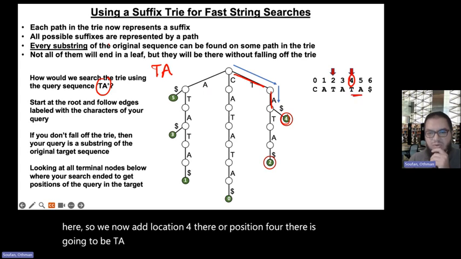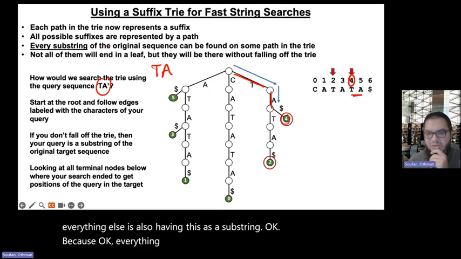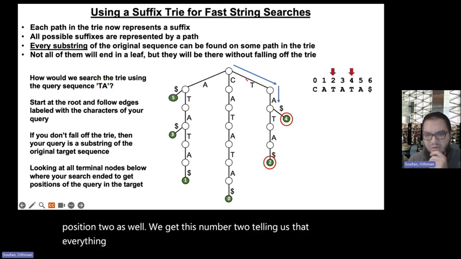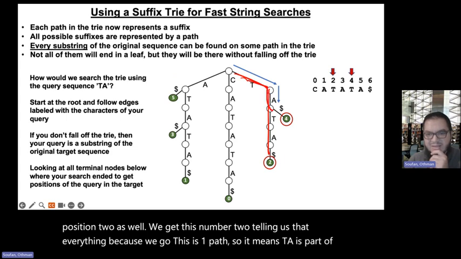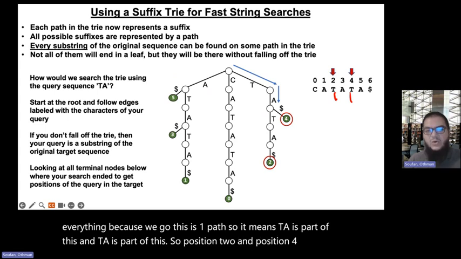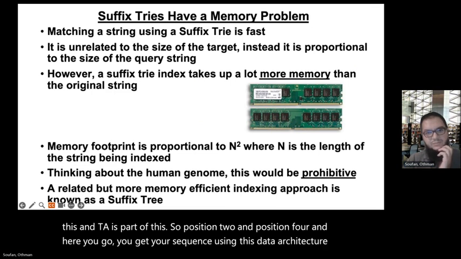Not only this, go to the bottom, because everything else is also going to have this as a substring. So at position 2 as well, we get this number 2, because we go down one path, so it means TA is part of this and TA is part of this. So position 2 and position 4, and here you go, you get your sequence using this data structure.